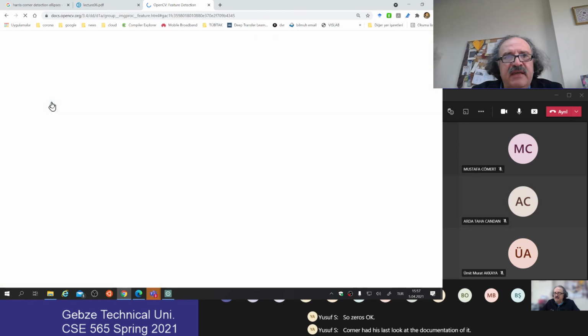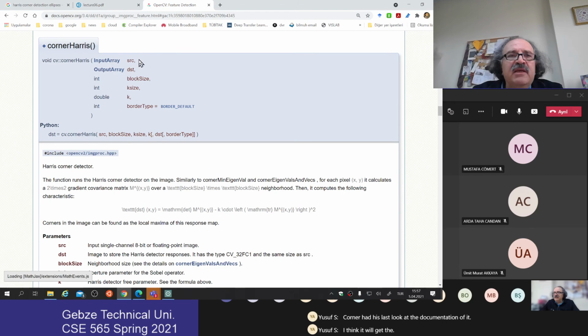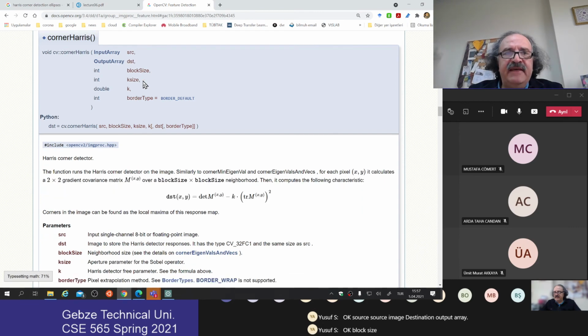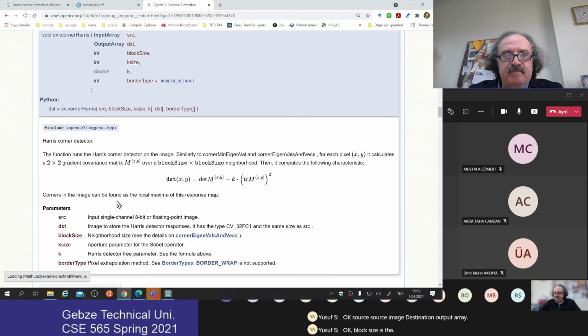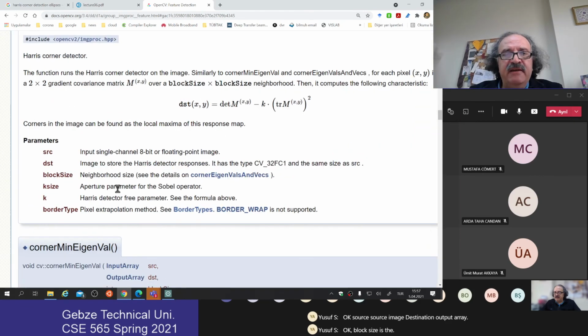Okay, source image, destination output array. Block size is the neighborhood size, 7 by 7, etc.